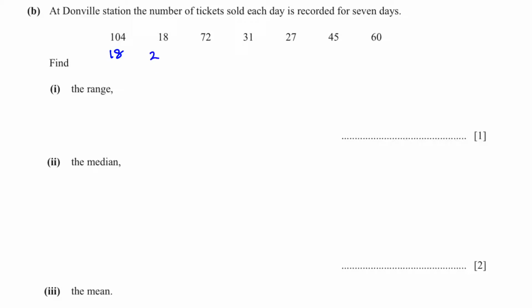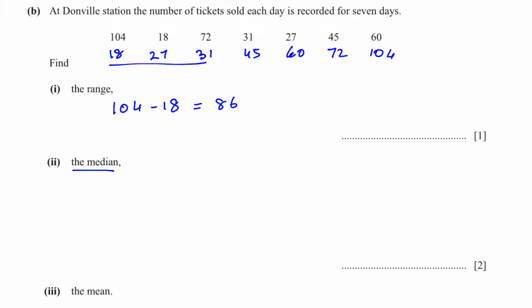Then we have 27, 31, 45, 60, 72, and 104. To find the range, we do the highest value subtract the smallest value, and the answer is 86. Median is the middle number. So we have 3 numbers here and 3 numbers here. So your answer is 45.